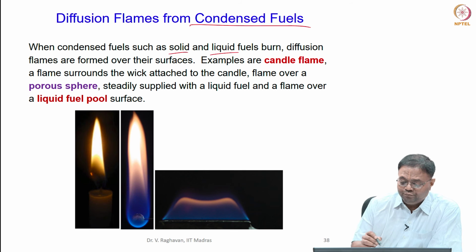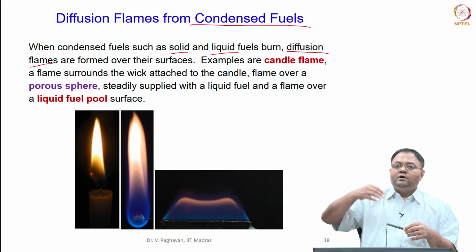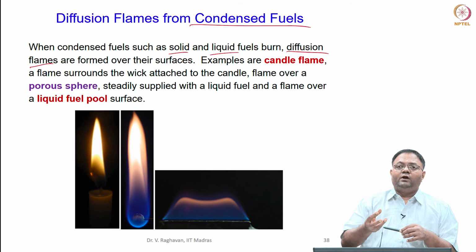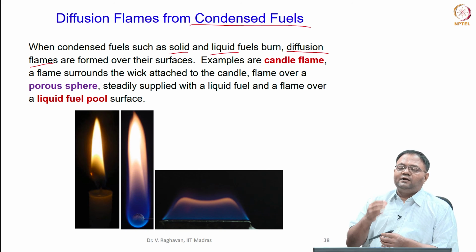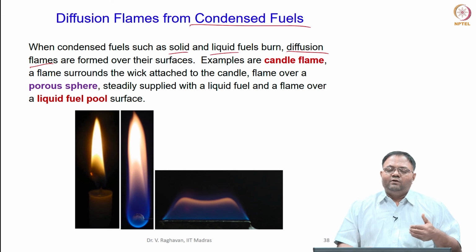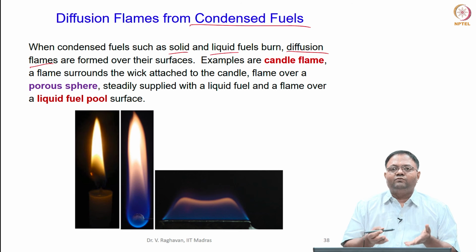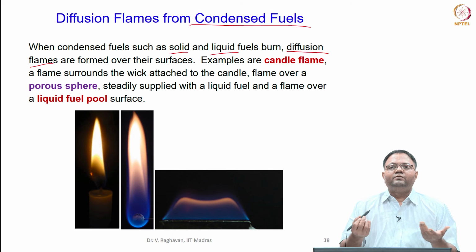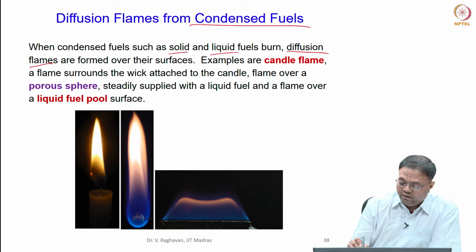For example, if it is solid fuel, it may pyrolyze to form vapors, gaseous fuels, and that gaseous fuel will mix with the oxidizer and form a flame. There is no way to mix gaseous oxidizer in a liquid or a solid, correct. So predominantly you will see only diffusion flames formed. Some examples are given here.